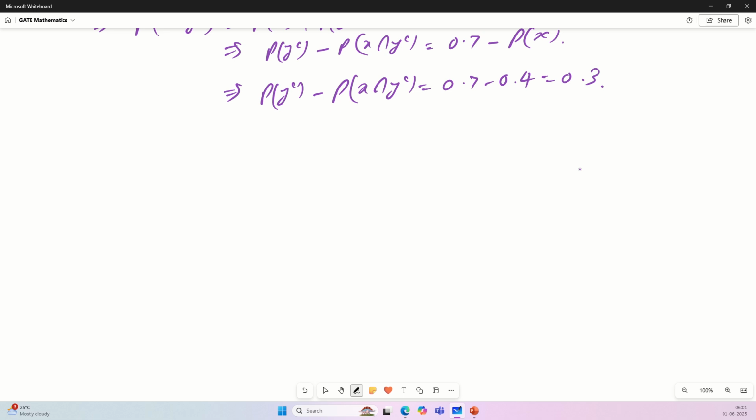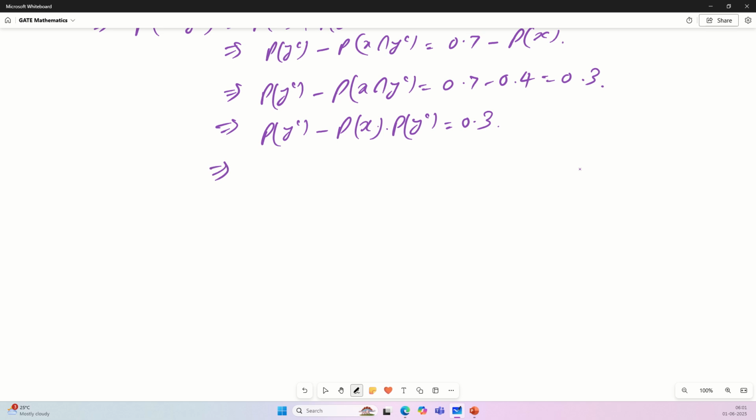It means X and Y complement will also be independent, right? So in that case, I can write probability of Y complement minus probability of X into probability of Y complement, because A intersection B is probability of A into probability of B, will be 0.3.